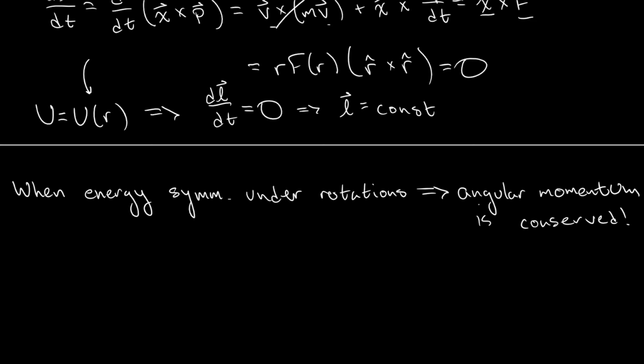So two things that seem like they should have absolutely nothing to do with each other, right? The symmetries of the system and the conservation laws that this system obeys.